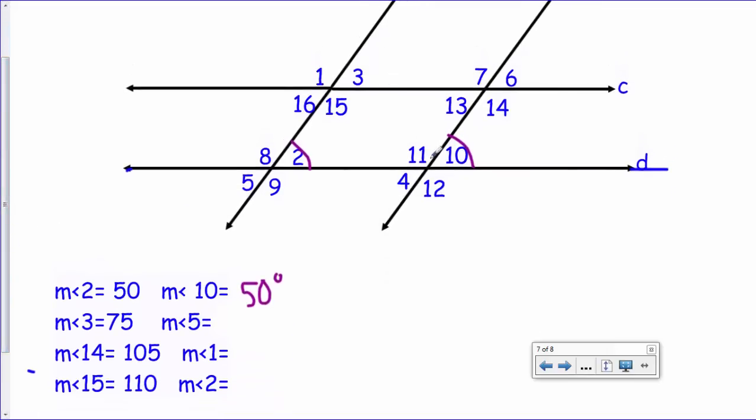3 and 5 this time, if you notice, are here and here. That makes our transversal line this time line A. That would mean these C and D lines are my two parallel lines. 3 and 5 are alternate exterior angles which are congruent. So this would be 75 degrees again.